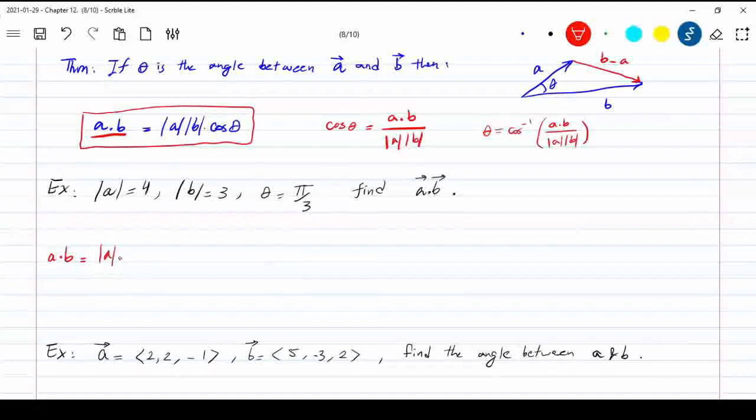So let me write it: magnitude of A multiplied by magnitude of B, multiplied by the cosine of the angle between them, which means I have 4 times 3 times cosine of pi over 3. Pi over 3 is 60 degrees, cosine of 60 degrees is 1/2. So this would be 4 times 3 times 1/2, which is simply 6. And you notice again, two vectors multiplied by each other, the result is a constant.